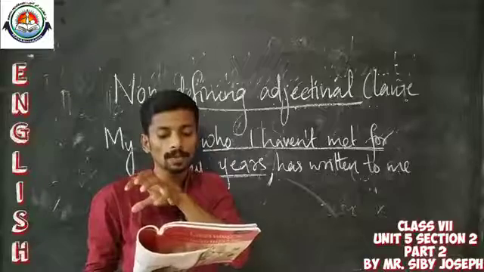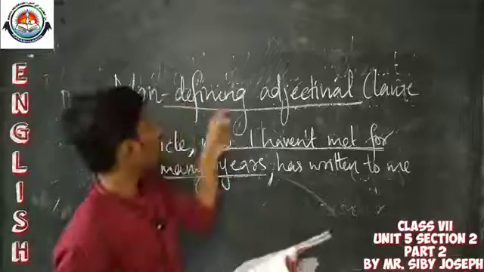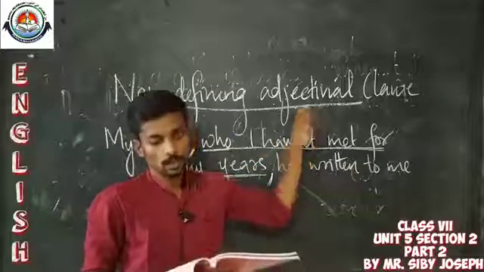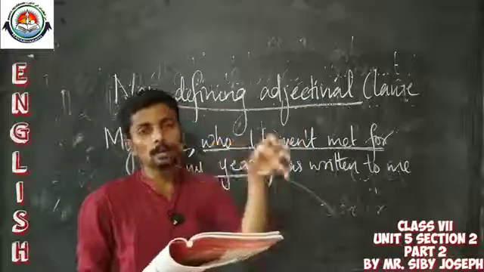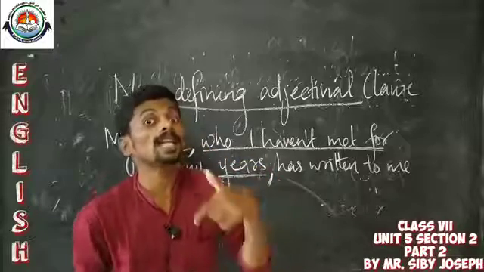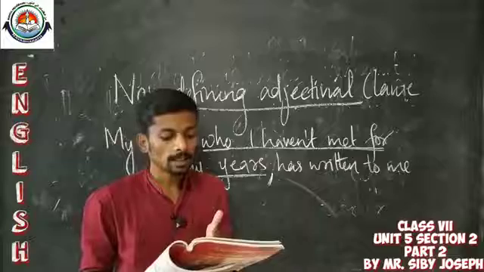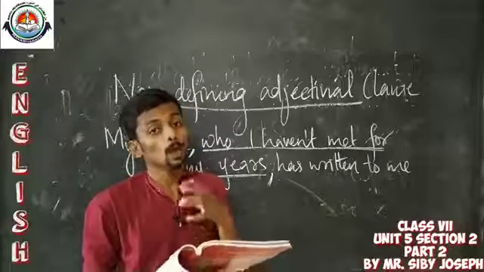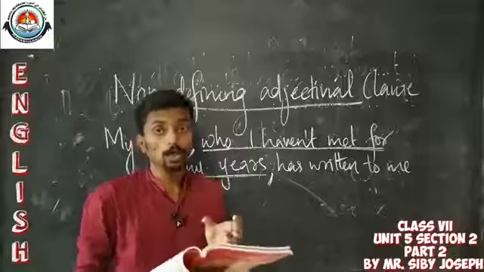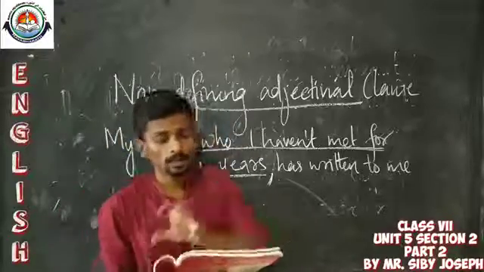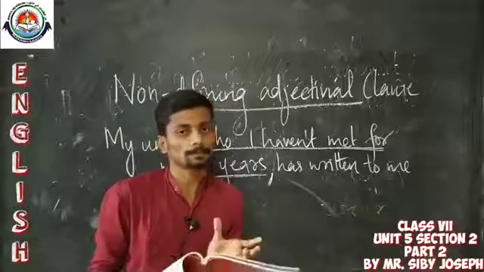I haven't met him for many years can be taken as the non-defining adjectival clause. You have to club those two parts together by adding a relative pronoun. Here we can't find a relative pronoun, but we have to use one in order to club these two parts together.